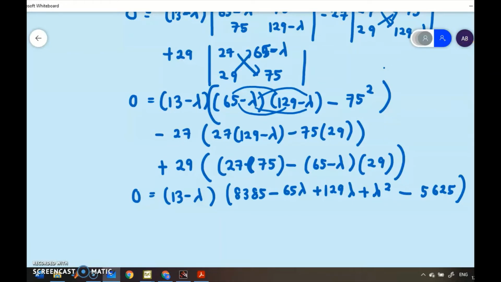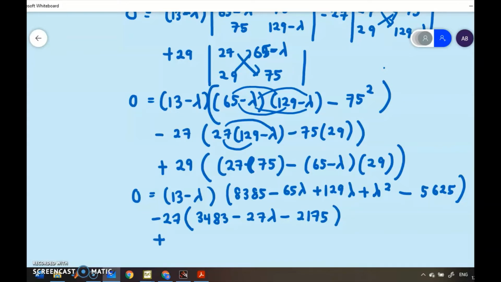So now we have minus 27. Similarly, 27 multiplied by 129 is 3483. Now 27 lambda minus 75 times 29, 2175.